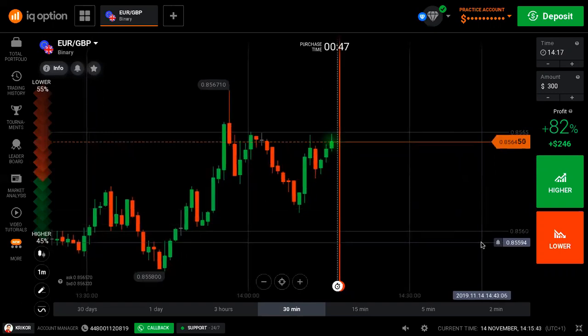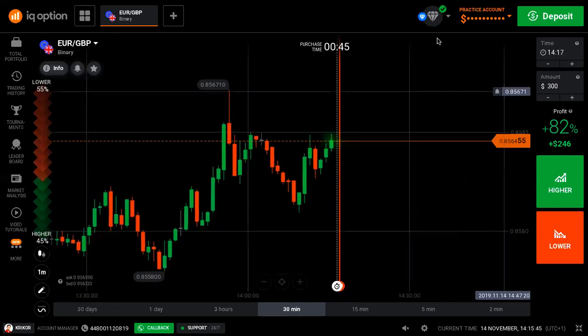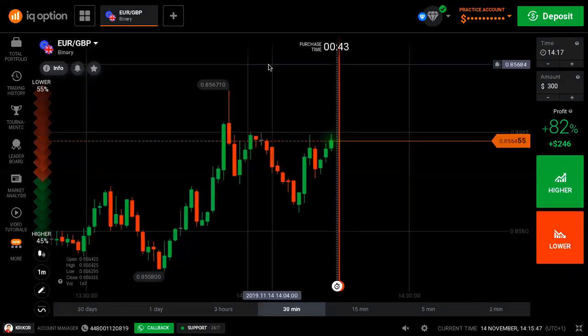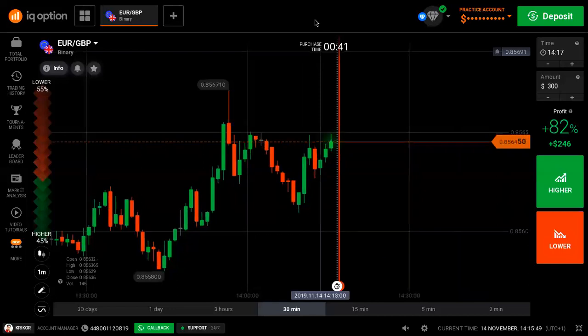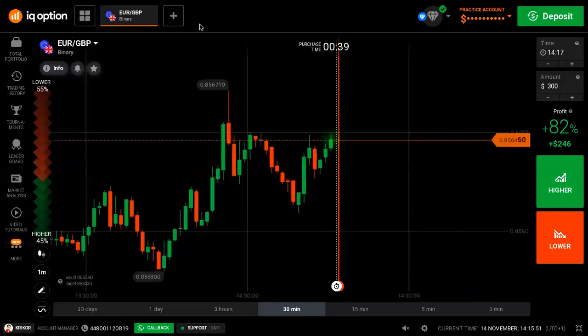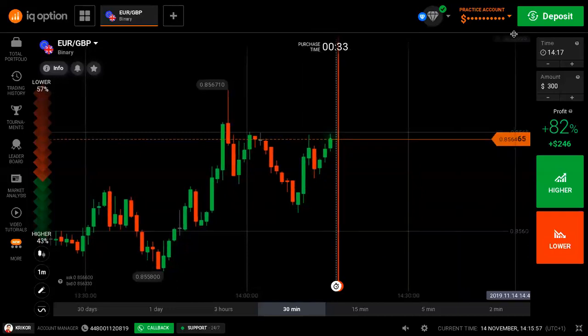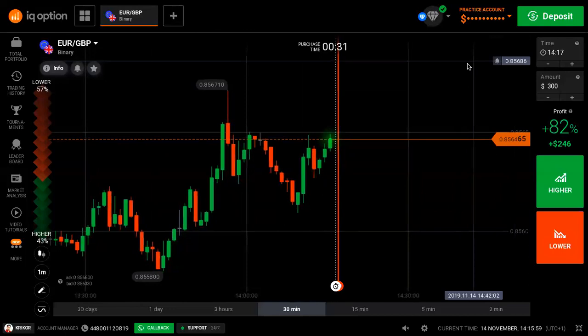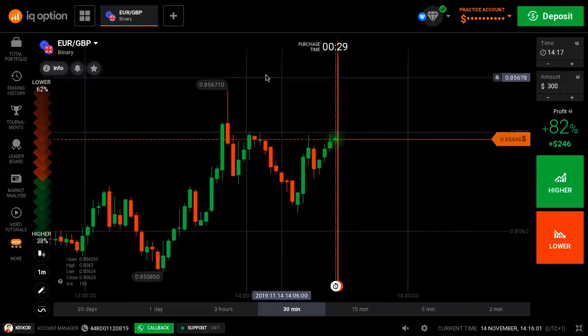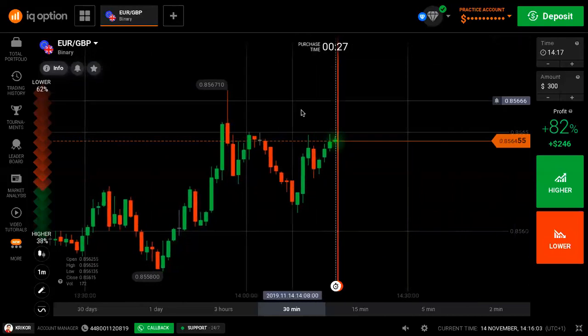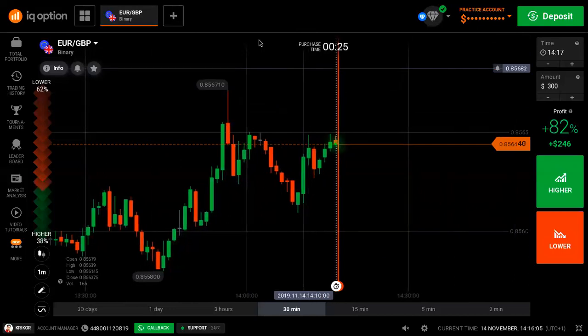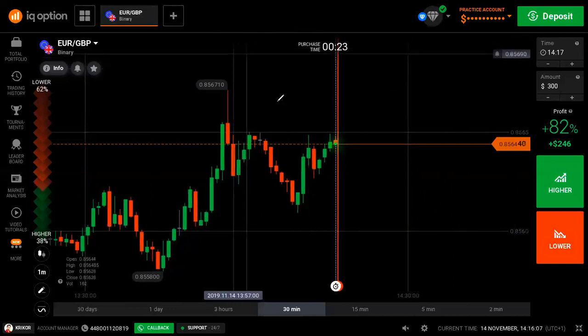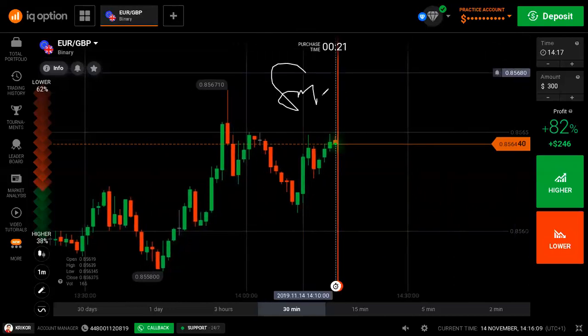Okay, now let's go. So yesterday we spoke about momentum strategy, and I explained that there are three ways to trade momentum. The first is to trade momentum at SNR level.